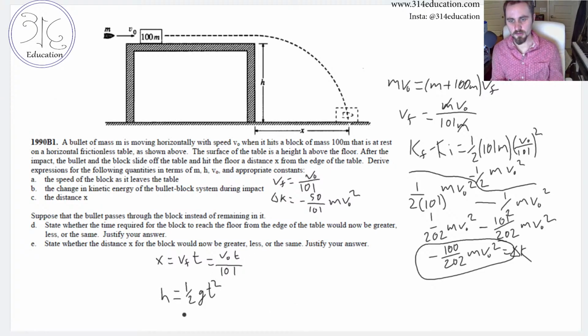To solve for t, multiply by 2, divide by g, and take the square root, giving us t equals the square root of 2h over g. Good, and that's in terms of the constants we have. We can plug that in for our x, giving us an x value of v naught over 101 times the square root of 2h over g.